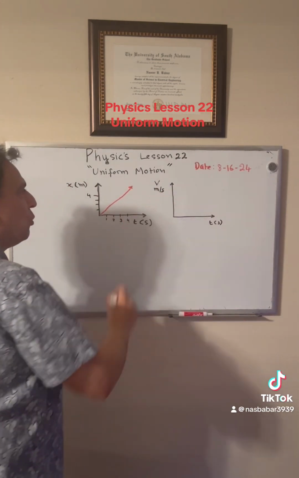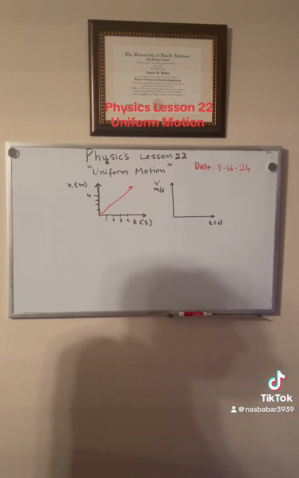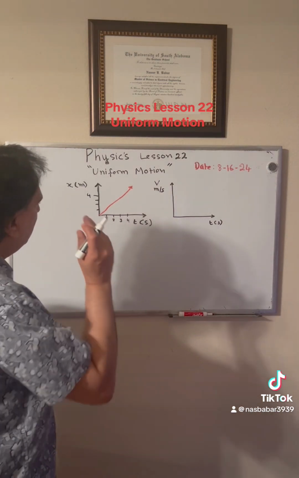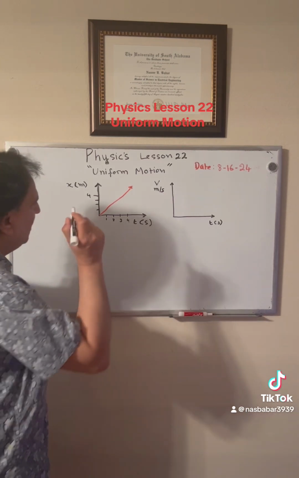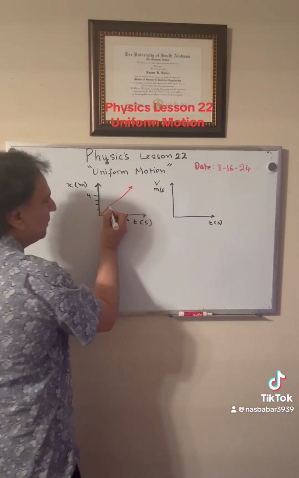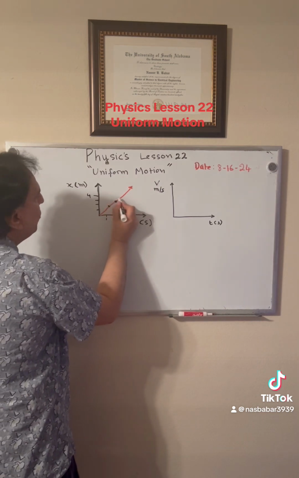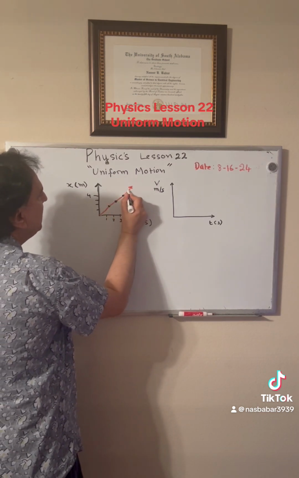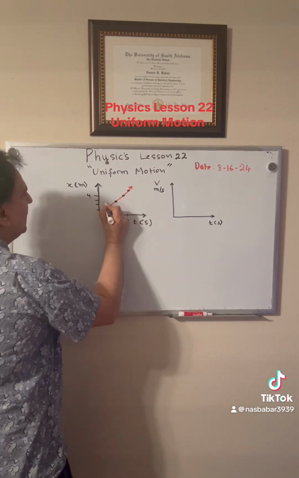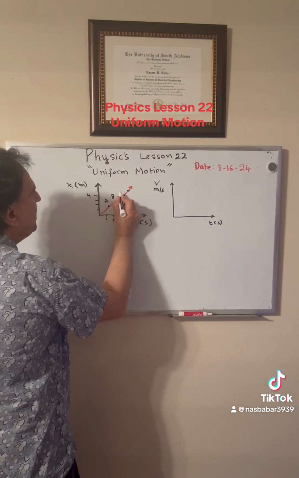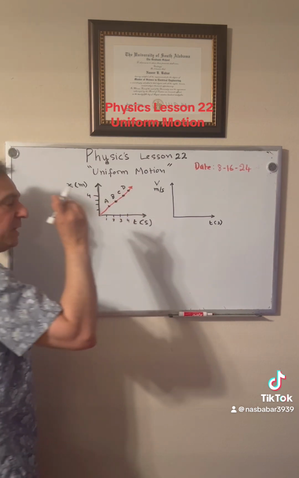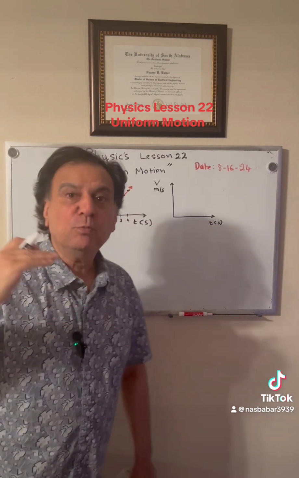If I want to draw this in a graphical manner, what should it be? As you know, in my last lecture, when we took slope, rise over run at different points, point A, point B, point C, point D, at every point the slope was constant.